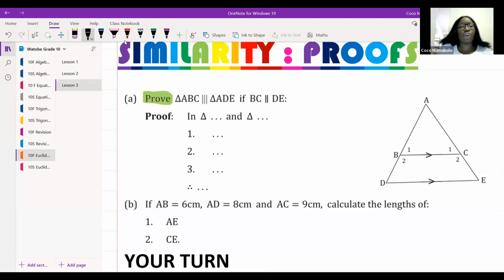The first thing we're going to do is go onto your page and write, therefore, in triangle ABC and triangle ADE, copying down exactly what they've given you. Now, they've given us some very important information there. They say to us that BC is parallel to DE.